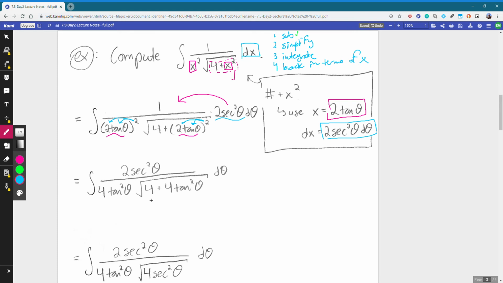And at this point, we now see our plan starting to take shape and pay off. These 4s are matching, and so we can now pull those out as a common factor, still inside that square root. What we're left with is 1 plus tangent squared theta.